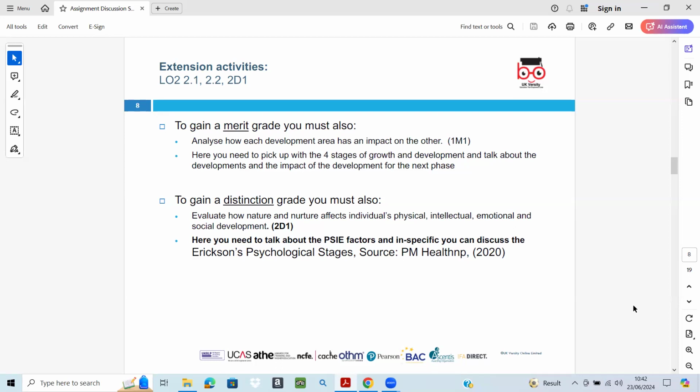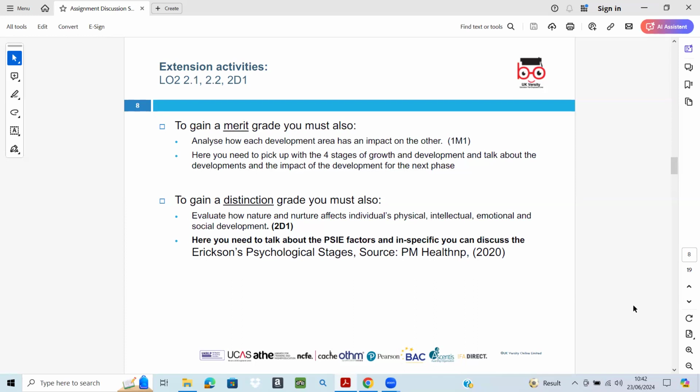We need to provide examples and case studies that illustrate how genetic and environmental factors interact to influence developmental outcomes. We need to consider discussing how genetics are linked to certain individual traits or conditions, while environmental factors can either enhance or impede development.